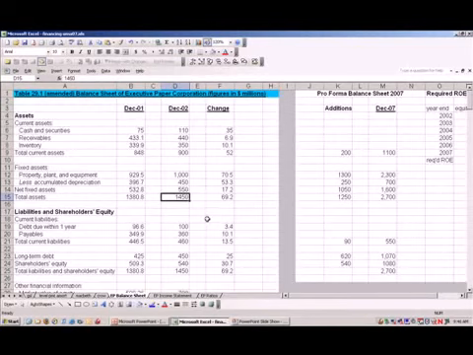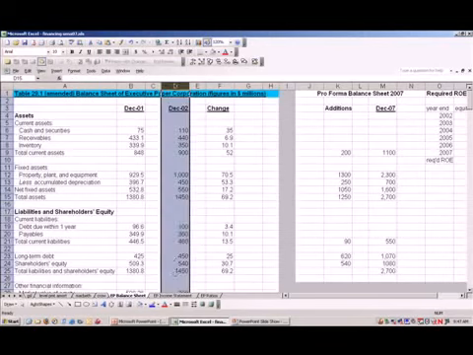The heart of the financial planning process is to develop a pro forma balance sheet 5 years out. So let's say that Executive Paper is at the end of the year 2002, and it has a balance sheet that's described here in column D.